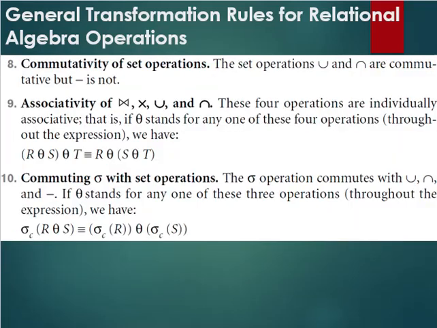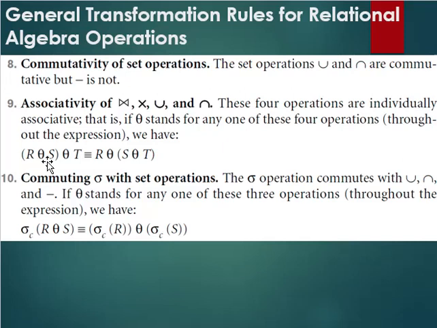So next is commuting of set operations. The set operations union and intersection are commutative, but you know that difference is not commutative. Associativity of join, cross, union and intersection: these four operations are individually associative. That is, R theta S theta T can be written as R theta (S theta T). Here theta indicates one of these operations.